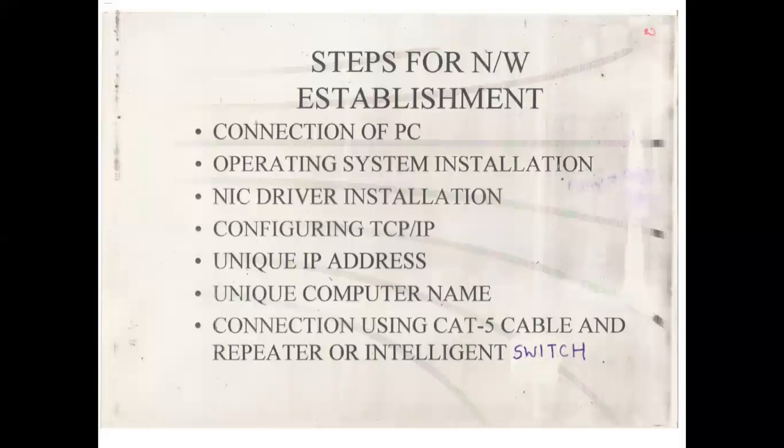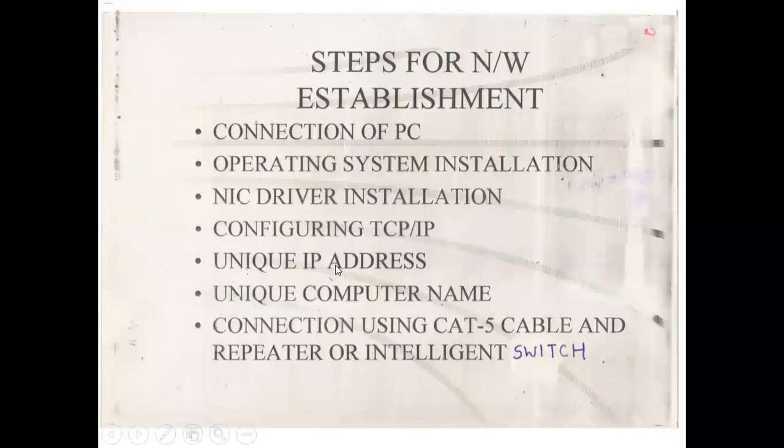You have to give an IP address to both the machines, and it should be unique. So what type of IP address? In addresses, I already told you in your assignments which were uploaded on Google Classroom that different types of addresses are there: MAC address, IP address, port address, and application specific address.